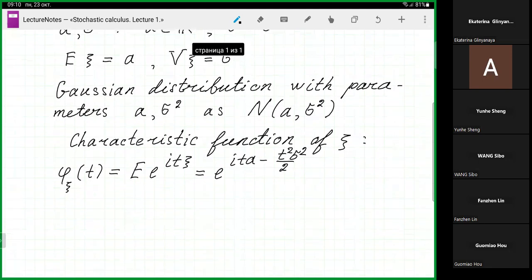The interesting properties of Gaussian random variables begin when we consider families of such variables. So the next definition is related to the Gaussian family of random variables. Definition.